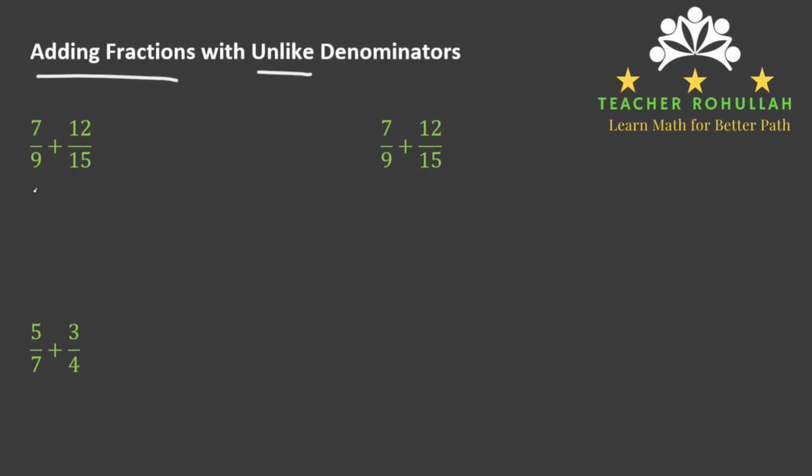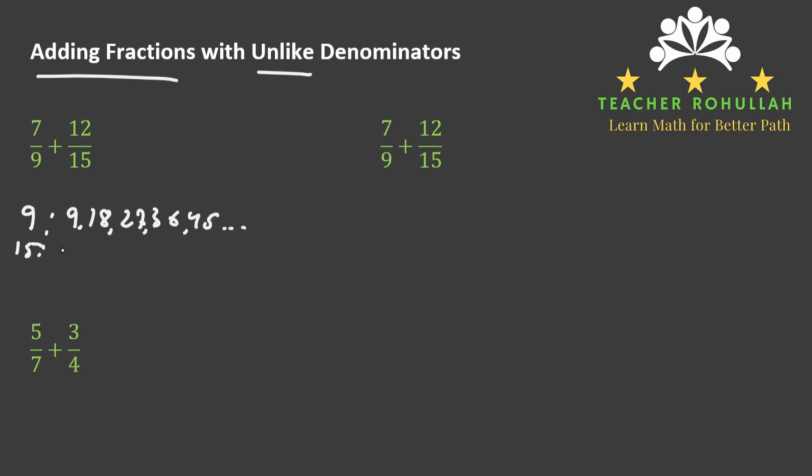To find a common denominator, I will list the multiples of 9 and the multiples of 15. The multiples of 9 are 9, 18, 27, 36, 45, and so on.